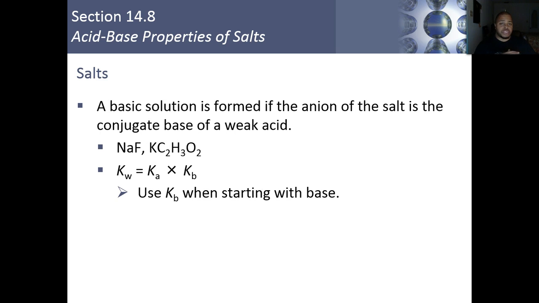In a basic solution, the anion of the salt is a conjugate base of a weak acid. So this means that it's actually fairly strong. Now, knowing this piece of information, we usually use our Kb when we start with a base.